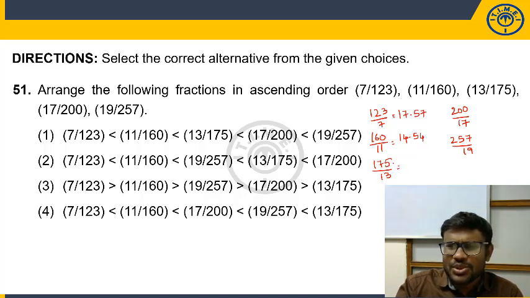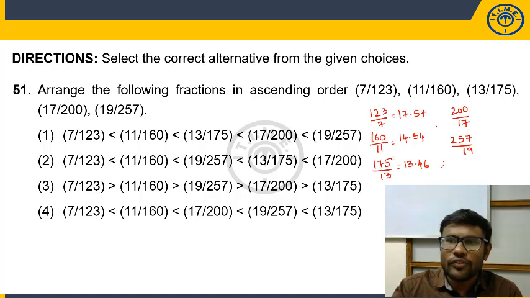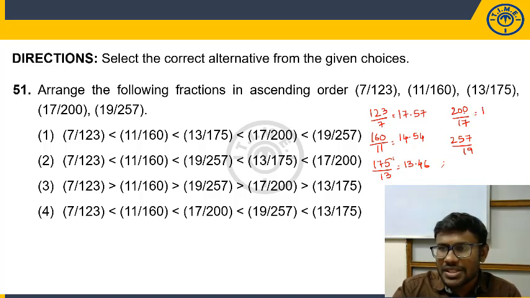And 175 by 13: 13 squared is 169, so it is 13 point something, around 13.46. And 200 by 17 is approximately 11 point something.